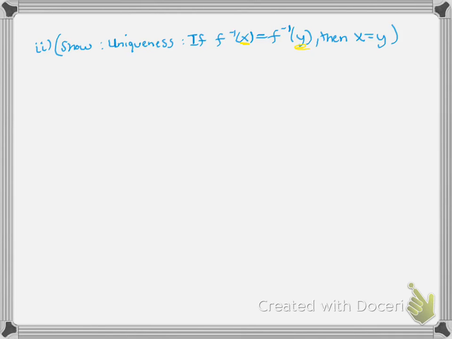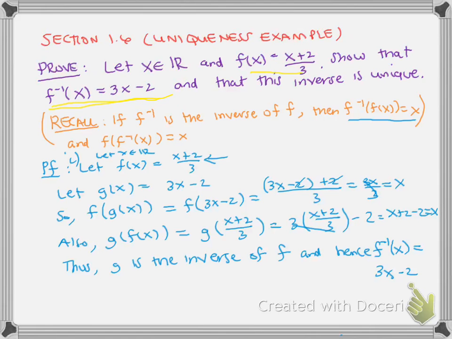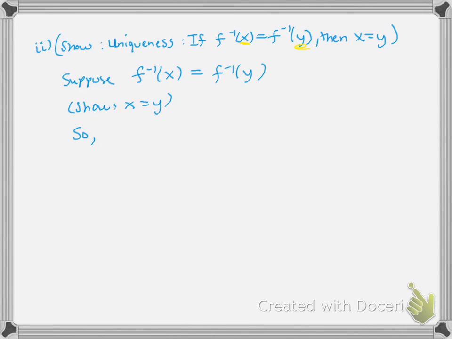So we know how to do an if-then proof. Suppose f inverse of x equals f inverse of y, and we have to show x equals y. We already know f inverse of x is 3x minus 2, so 3x minus 2 equals 3y minus 2.